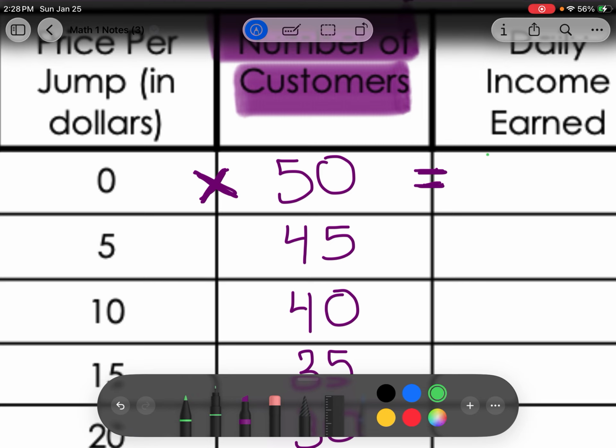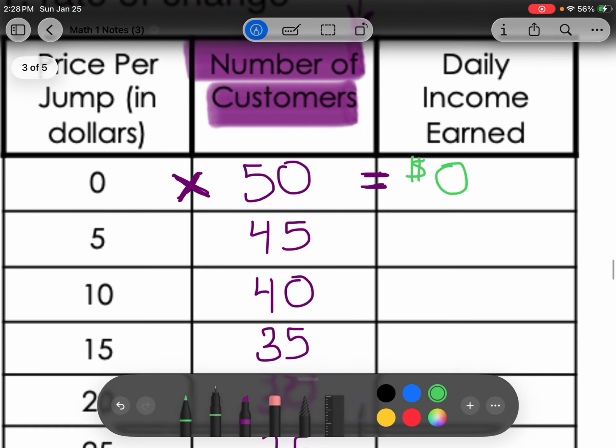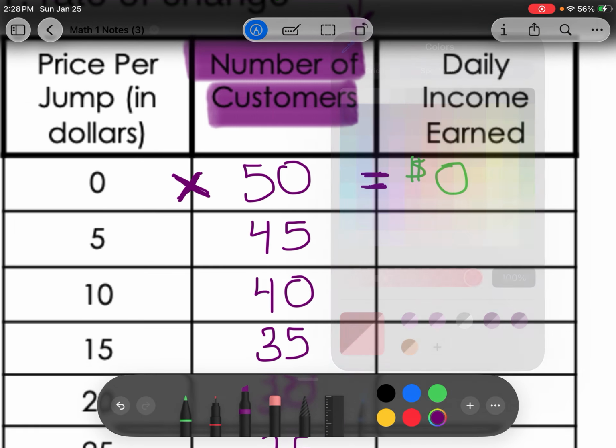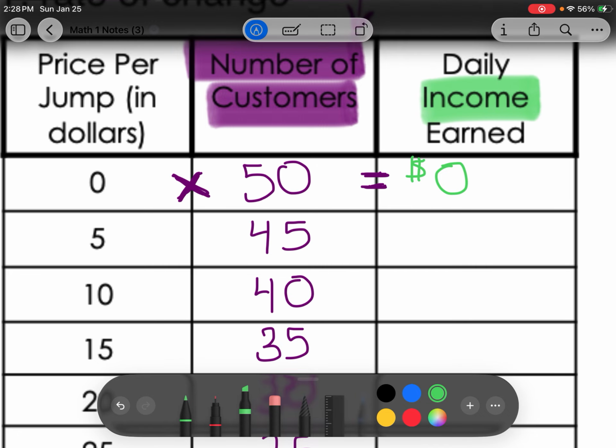That's going to result in making no money. Okay, we're technically losing money, but we're not going to talk about that. Here, this is our green, because we got to figure out how much we earn. And then, if we just do it again, we're going to multiply.